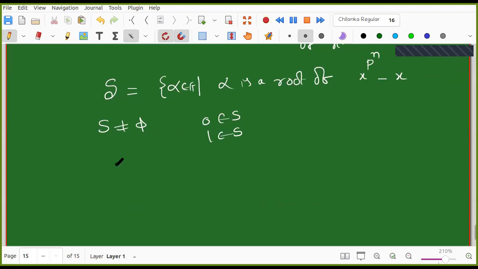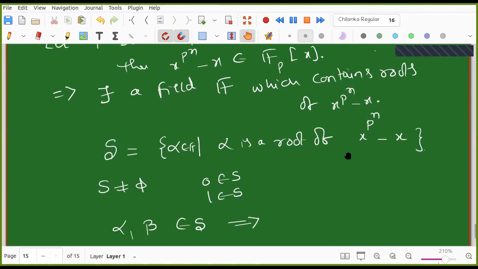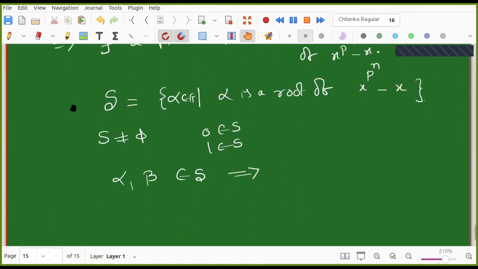Now I'll take two elements. Let us take alpha, beta belonging to S. What is the meaning of this? The set is clear, right? Alpha and beta are roots of that polynomial.